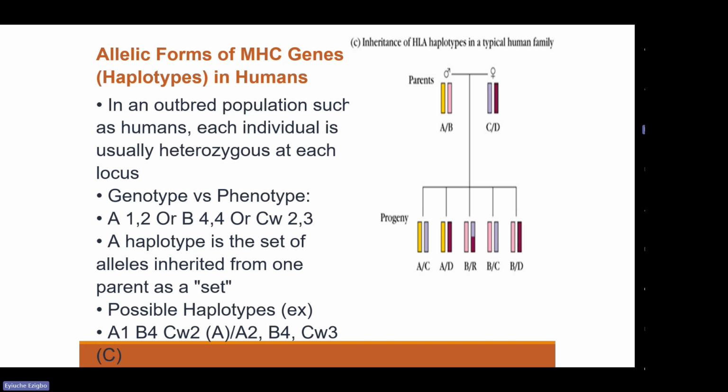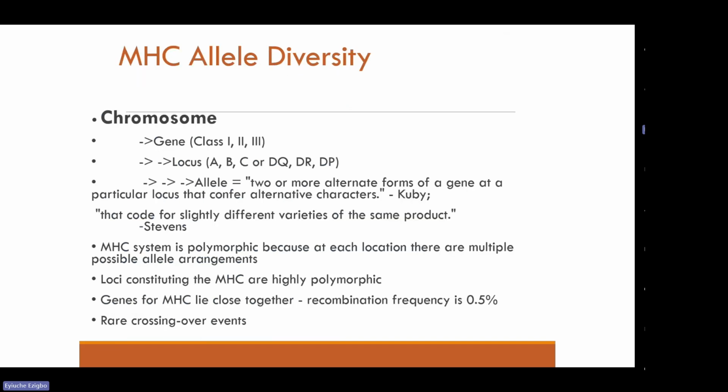Possible haplotypes, we don't go into details on this. We also discovered that the MHC is very diverse. It shows a lot of diversity in its nomenclature, its function, and how it operates.